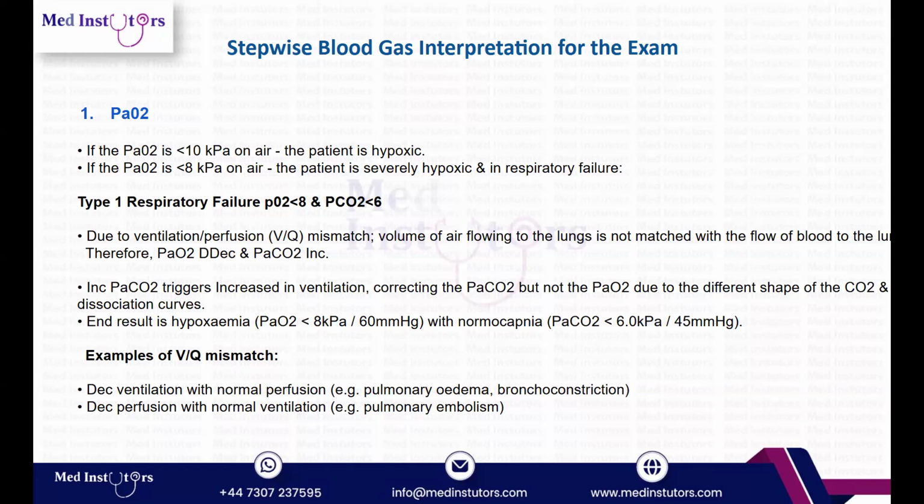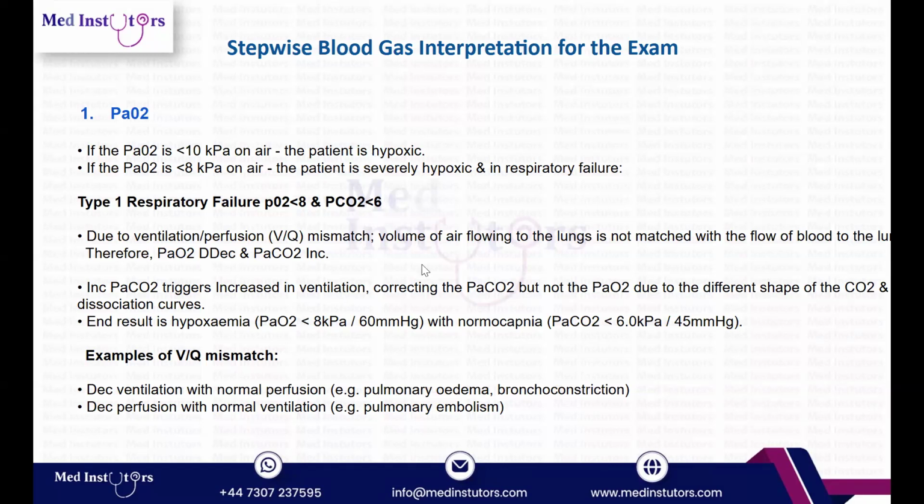This information is important because you need to immediately give your patient oxygen supply. If the partial pressure of oxygen is less than 8 on air, that means the patient is severely hypoxic and is in respiratory failure. So this is the significance of partial pressure of oxygen on arterial blood gases.